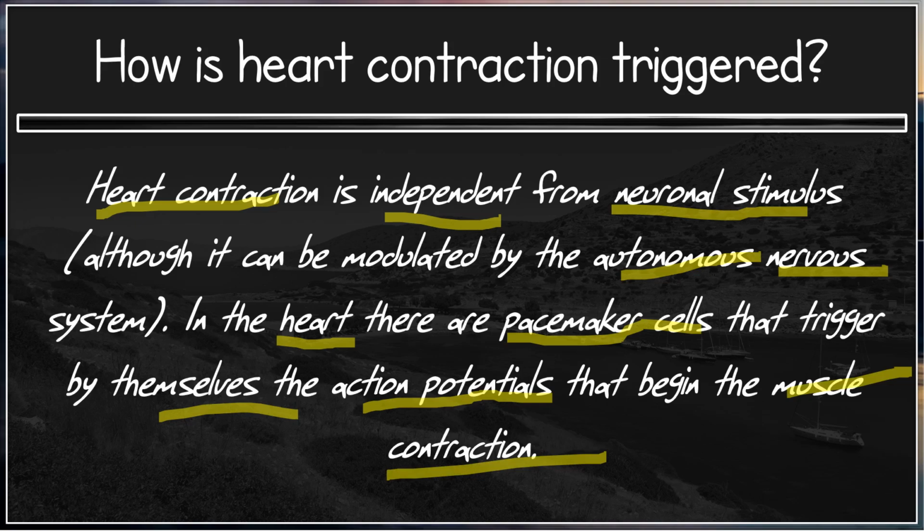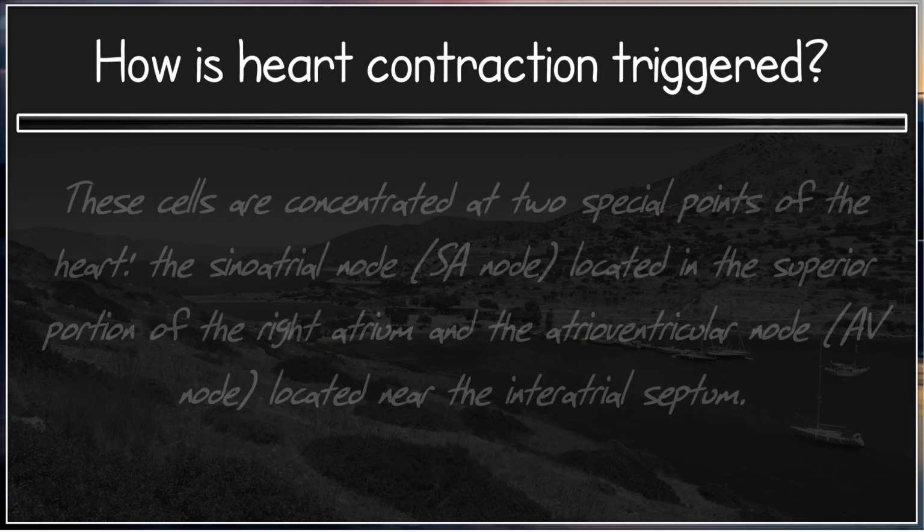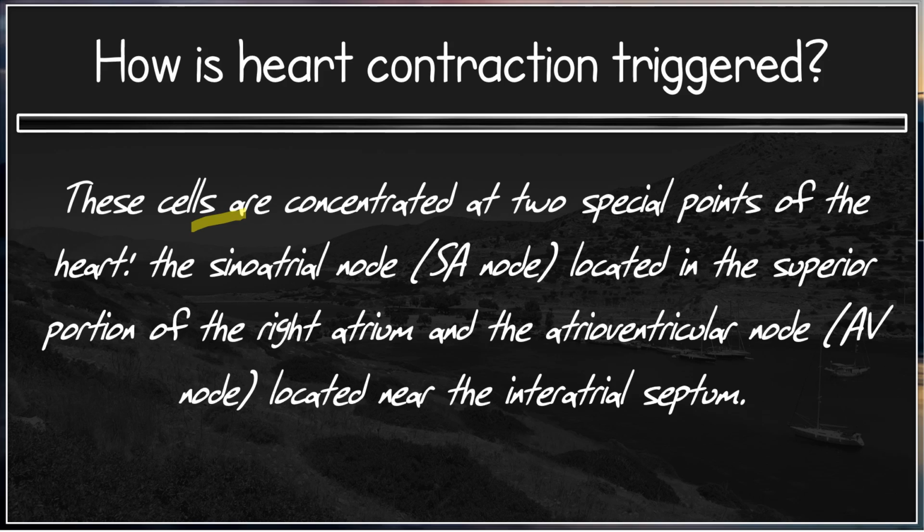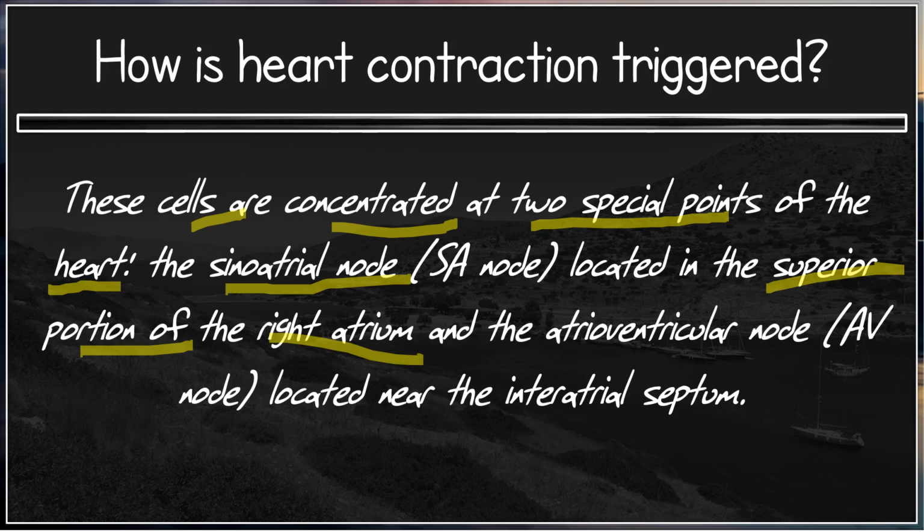These cells are concentrated in two special points of the heart: the sinoatrial node, located at the superior portion of the right atrium, and the atrioventricular node, AV node, located near the interatrial septum.